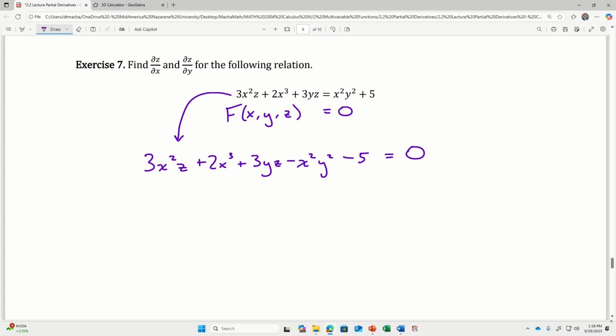And then we need to use our formulas, which say the partial of z with respect to x must be the negative partial of F with respect to x divided by partial of F with respect to z. And F is the whole left side of the equation. So what is the partial of F with respect to x?